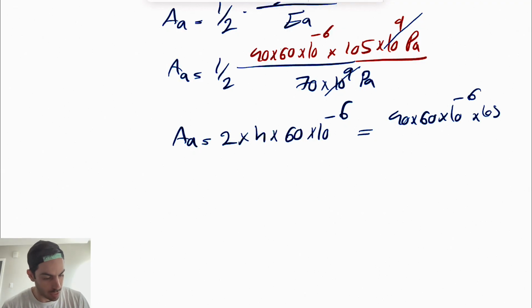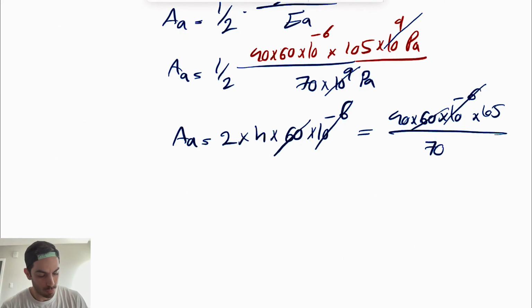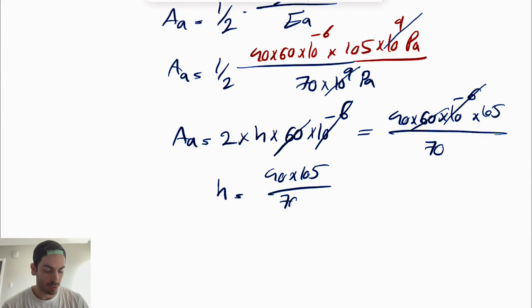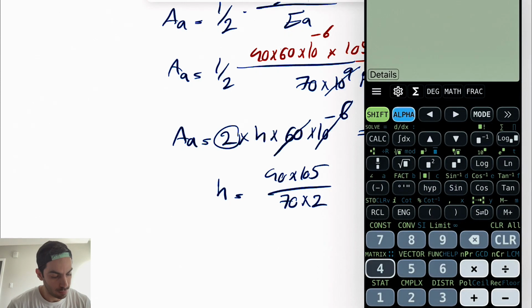These will be canceled out, and this 60 can be canceled out too. Basically our H would be half of 40 times 105 divided by 70, and the 2 is going to go into the denominator. So let's calculate this: 40 times 105 divided by 70 times 2, which is 140.